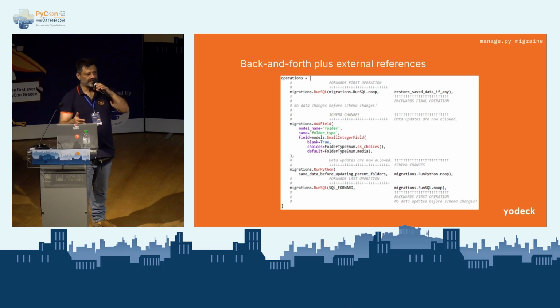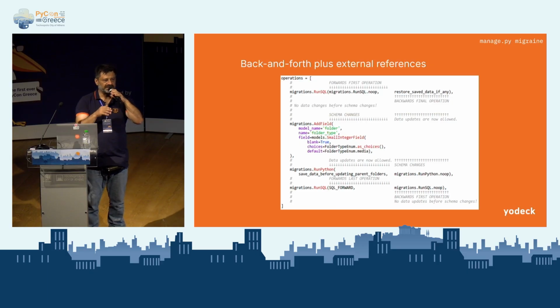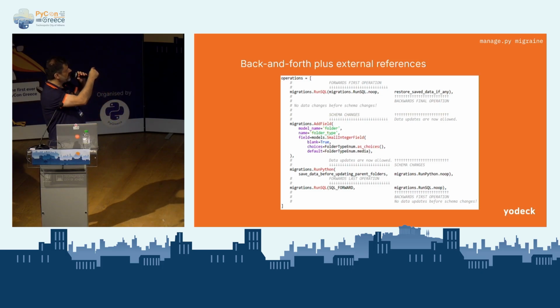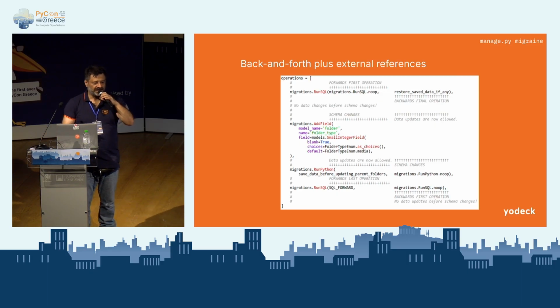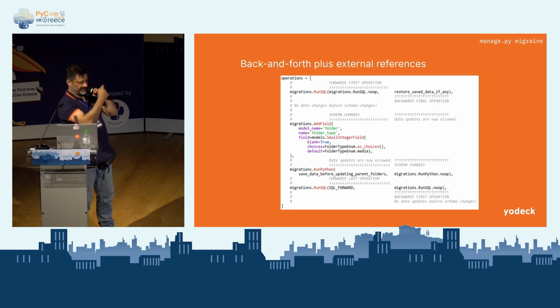So we make sure that all changes to the database tables or fields, columns, happen before we make data changes. So this is another point which we try to enforce, that each migration is self-sustained and has the correct order of operations.